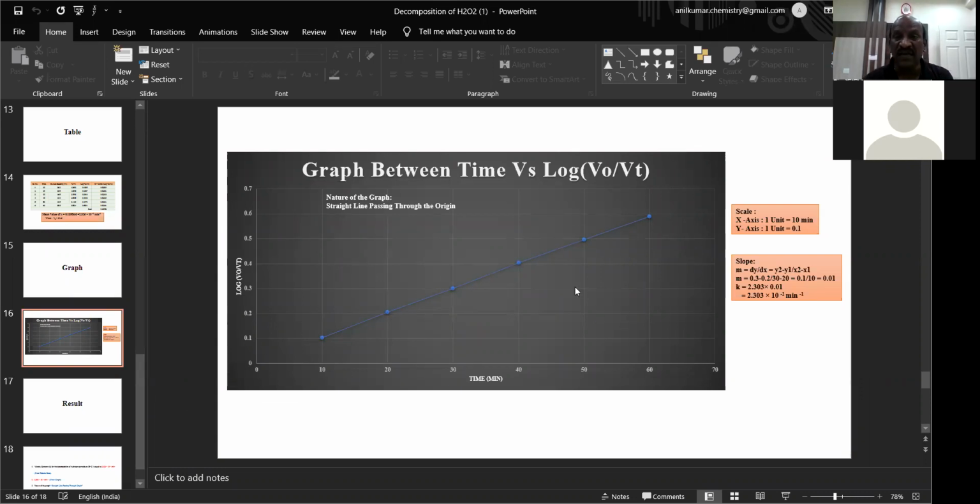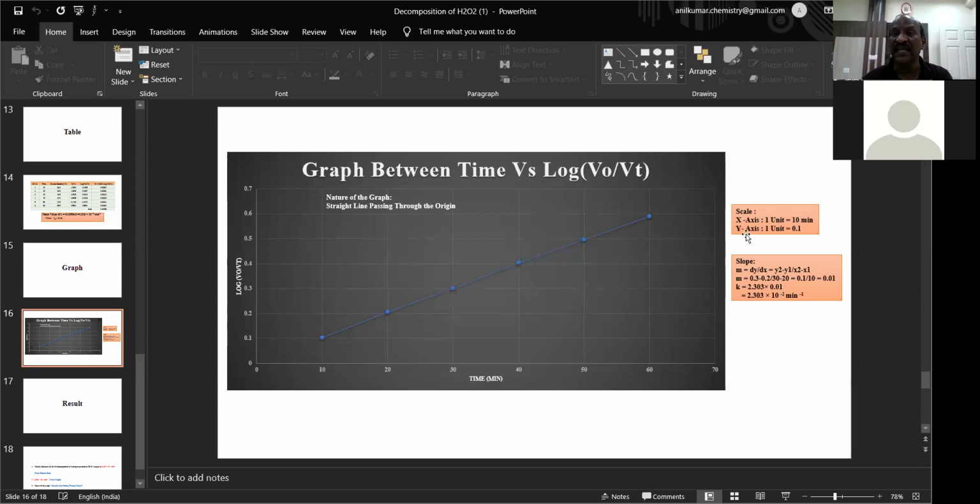Then from that line we have to take any 2 points, and if you extend them onto the y-axis and the x-axis, this is y2 minus y1, and this is x2 minus x1, then it will give the slope.